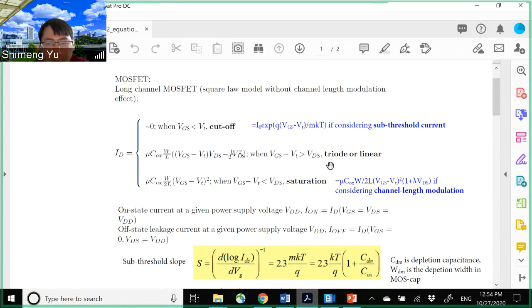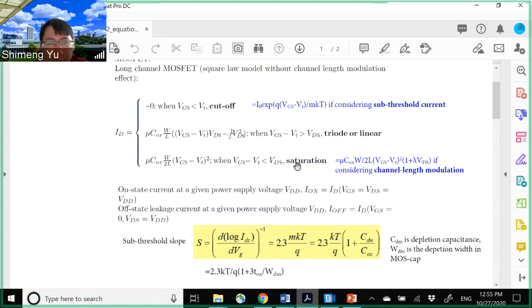And then the triode or the linear region, so you have this mu n Cox, mu n or mu p depending on NMOS or PMOS. Okay, and then W over L, then VGS minus VT and VDS, and then minus half VDS squared. So this is for the triode or the linear region.